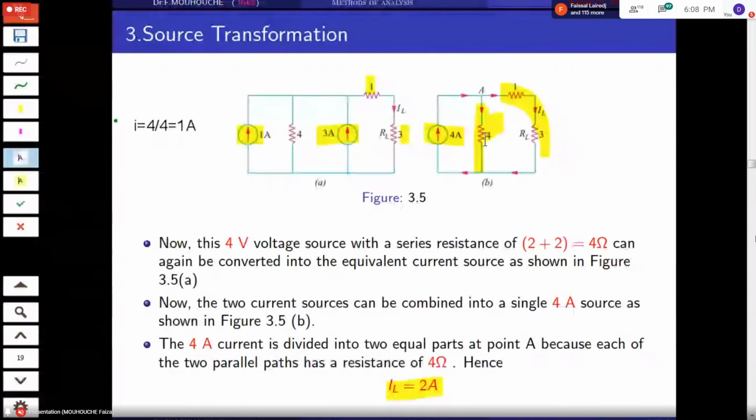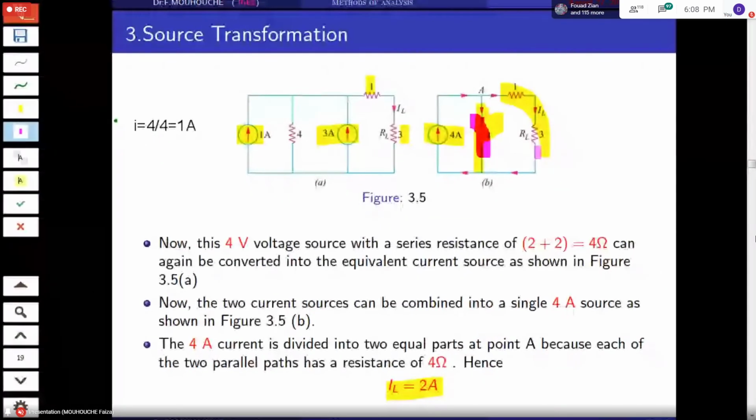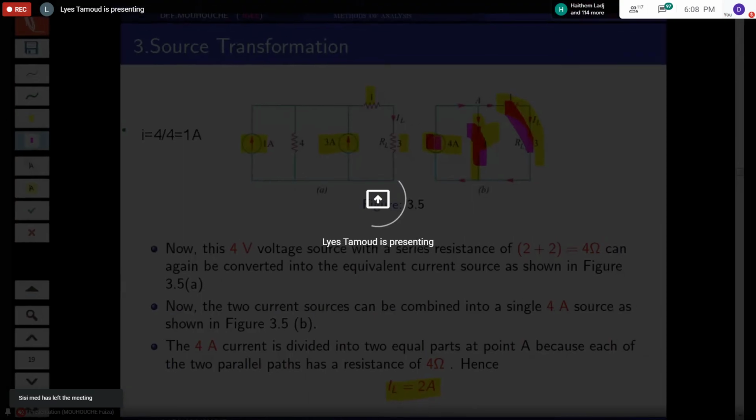Okay, and here we have in this branch, the pink one, this branch has 4 ohm, and 1 plus 3 is equal to 4 ohm. So here we have the current source of 4 ampere.